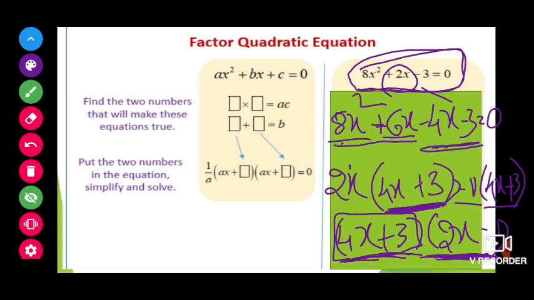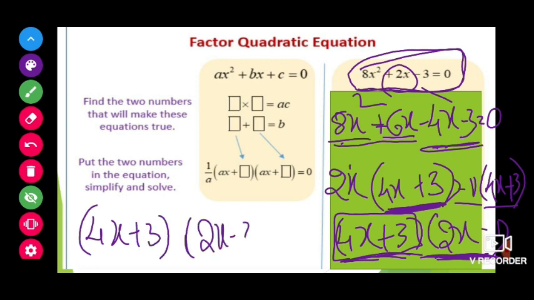Now if these are the factors, 4x plus 3 into 2x minus 1 is equal to 0. This into this is equal to 0 means either this should be 0 or this should be 0.